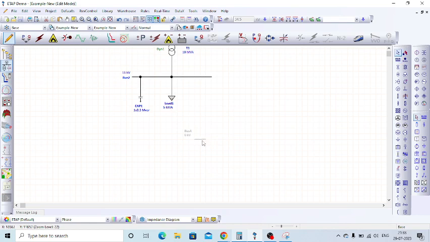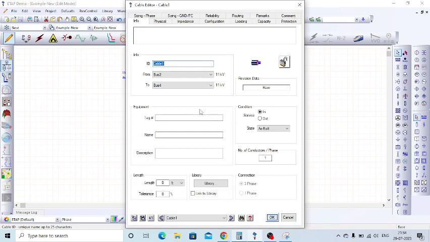I will just connect one power cable. So this element is a power cable. The power cable is connected.